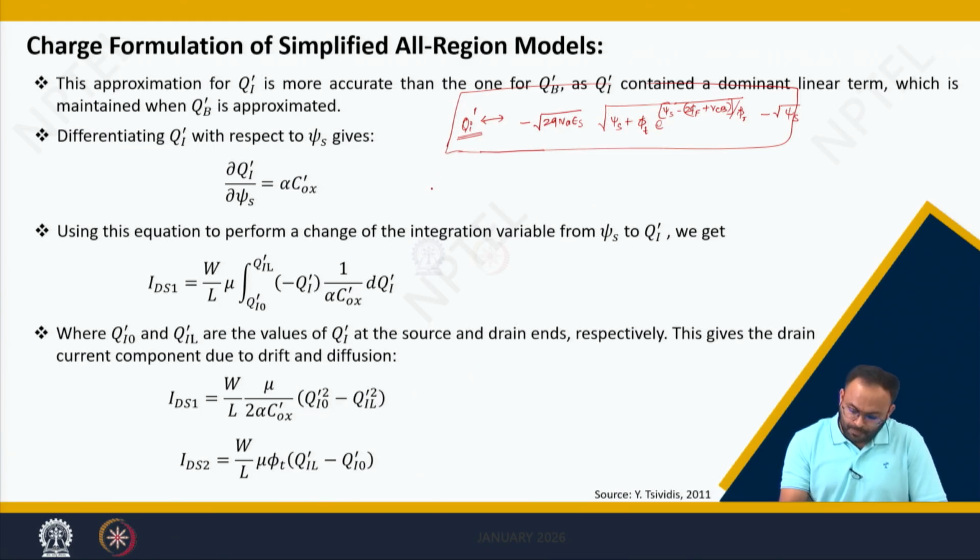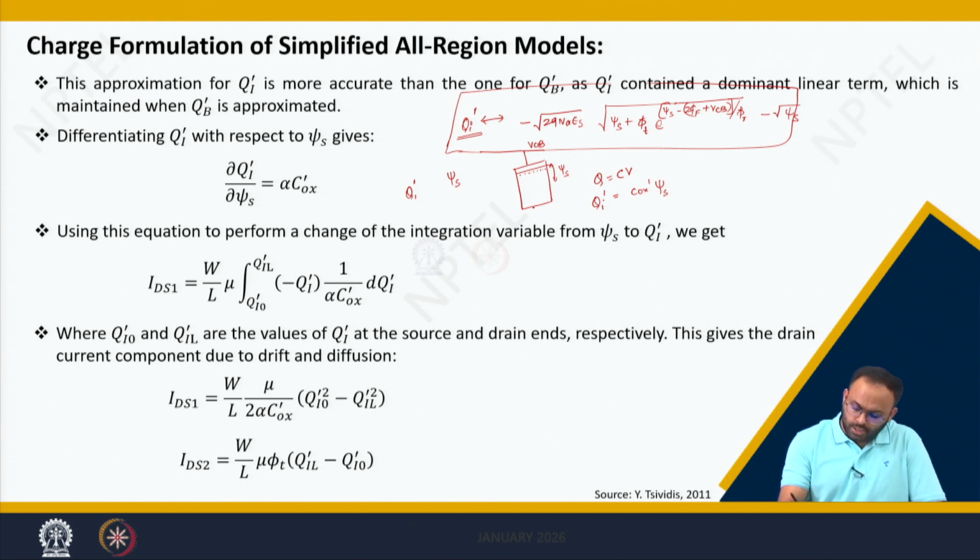To move further, we will find the linearization between qi dash and surface potential. If you see the two terminal MOS structure, where we were applying VGB, because of VGB there is a surface potential coming up, and this surface potential causes an inversion. So if we write a simple Q equals CV equation, we can say Qi dash is equal to Cox dash into psi s.